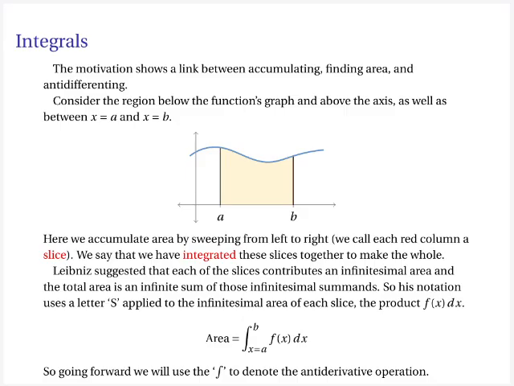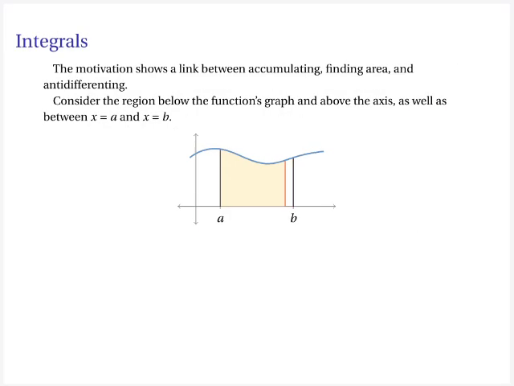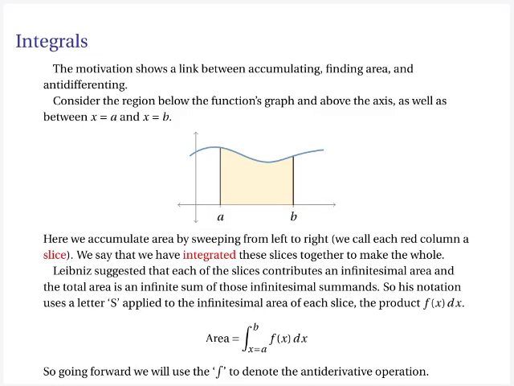So we accumulate that area by sweeping from left to right. We call each of these red columns a slice. We'll call that a single slice. So we accumulate together each of the slices to make the yellow area. We say that we've integrated the slices together to make a whole. So it's almost like you had a movie of someone slicing bread and you ran it in reverse. You stick all the slices together.